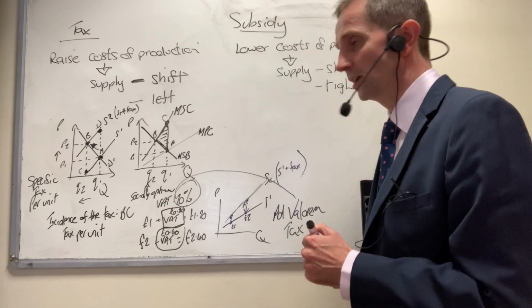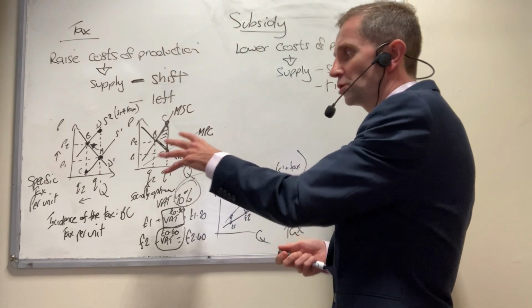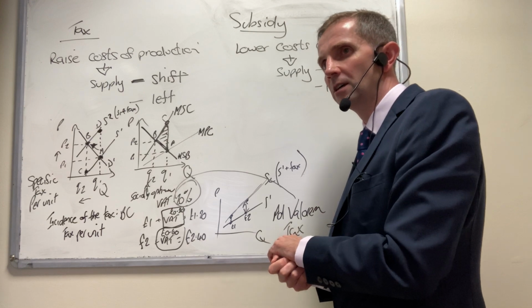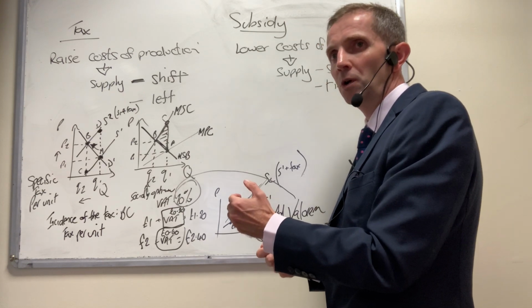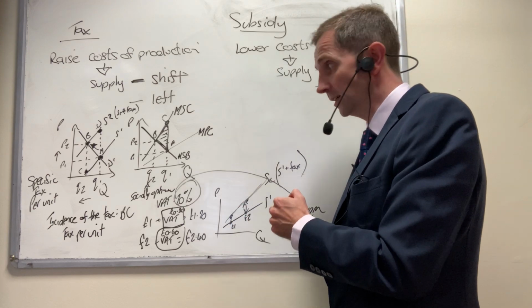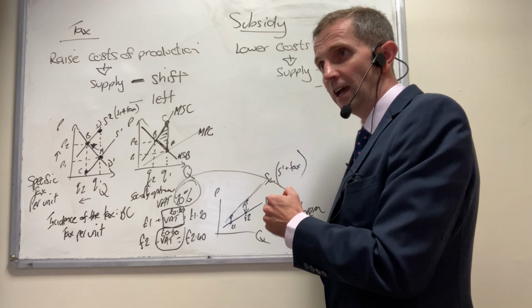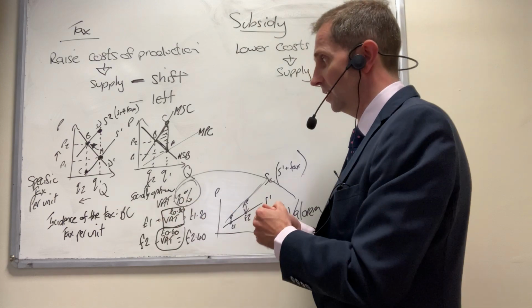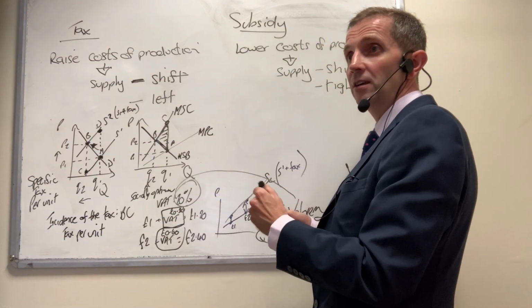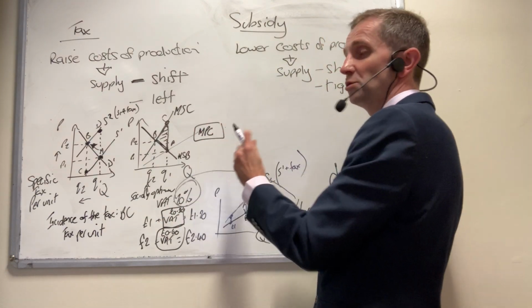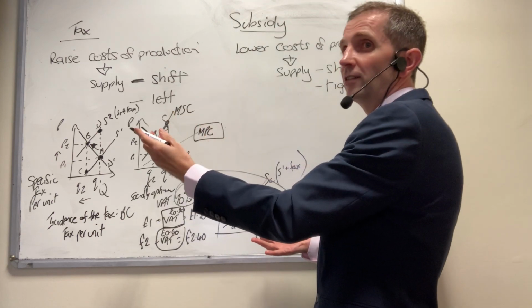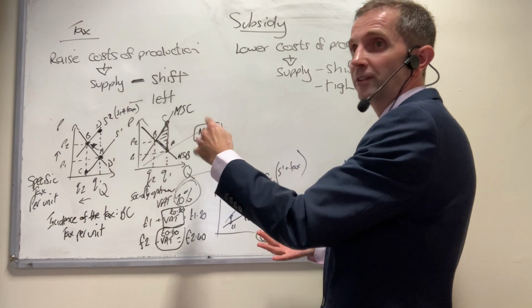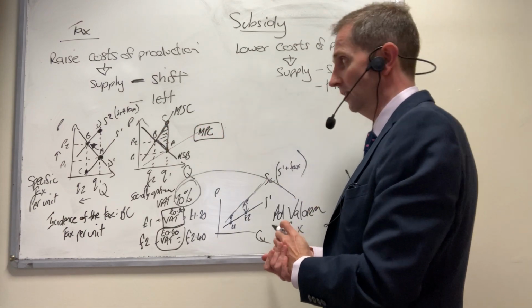It would be A to C. And why would the government charge smokers A to C? Exactly. So what they're doing, in effect, by introducing a tax on cigarettes, is they're trying to raise the private costs of an individual smoker to at least cover some, if not all, of the costs that they're imposing upon society.